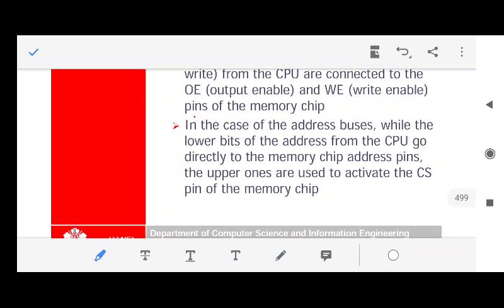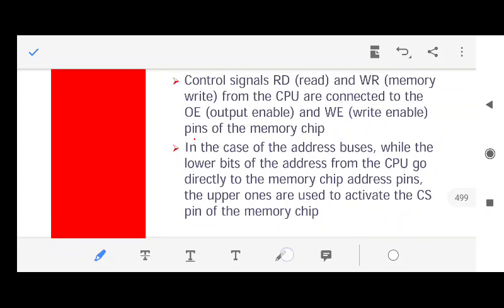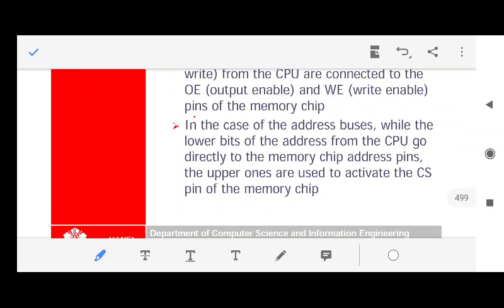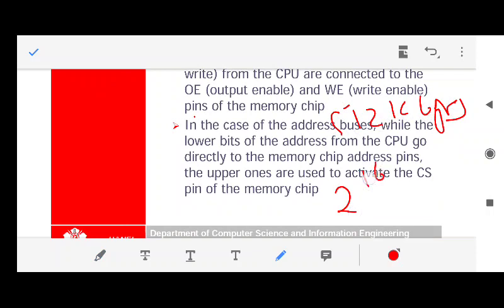Now in case of the address bus, see, your memory can have any number of address lines. For example, just now we have seen a memory of size 512 kilobytes. It means the number of address lines was 2 to the power 16, so 16 address lines.